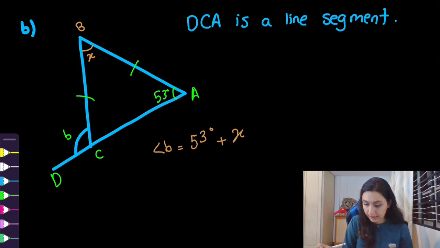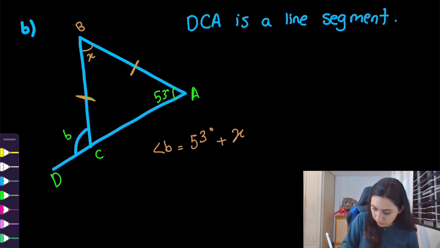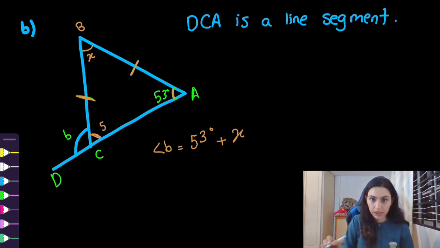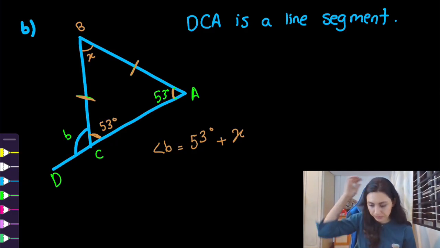So knowing that, we know this one is 53. We know these two are the same. So this is an isosceles triangle. So if this one is 53, this one is also 53, as we just learned in this lesson.